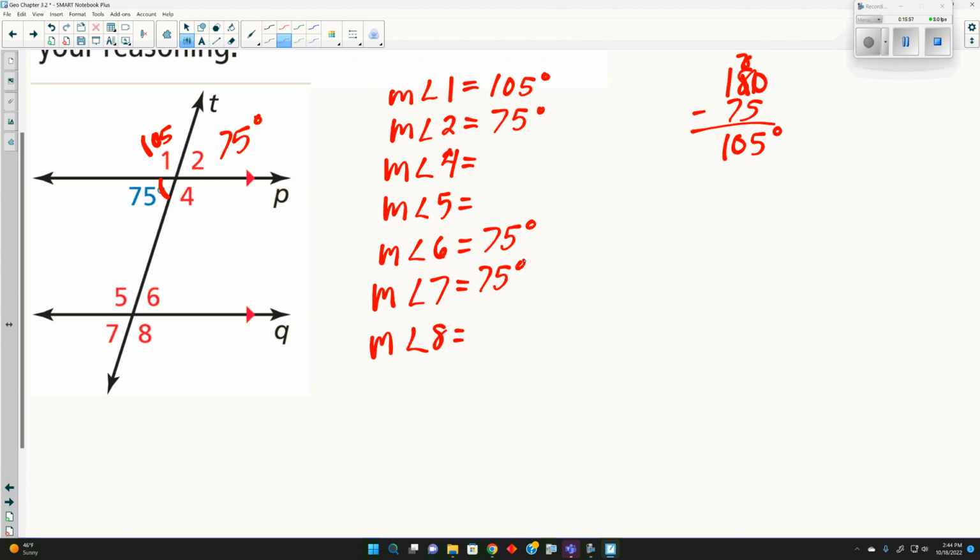Now, we found out angle 1, yes? 1 and 4 would be vertical. How about 8? 1 and 8 are alternate exterior, so they're congruent. 4 and 8 are corresponding, and 1 and 5 are corresponding.